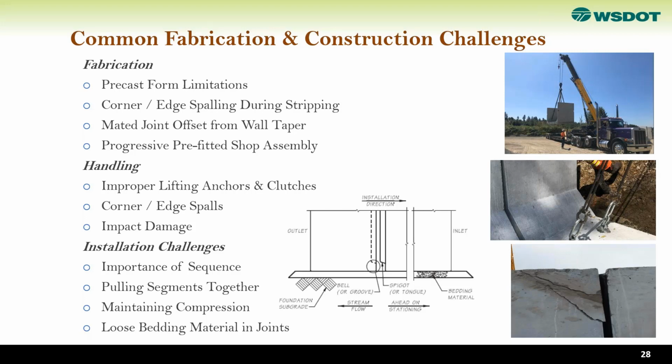Usually they are numbered, and how to be fitted on the job site is based on the shop assemblies. Pulling a segment together is the method that is commonly used, and maintaining compression. So we push this together so that the joints are in compression, and loose bedding material in joints is also a concern. So we have to make sure the joints are clean when we do this assembly.